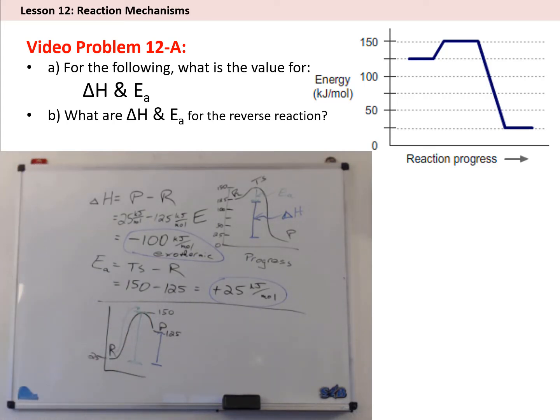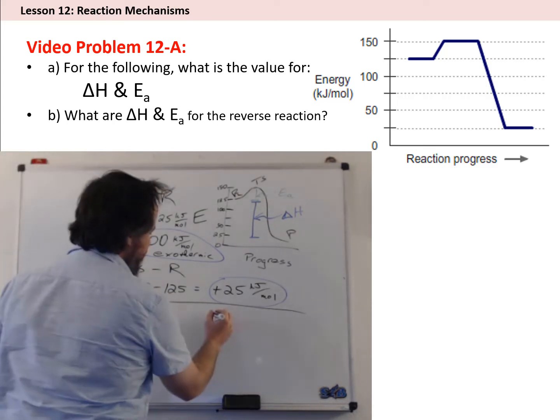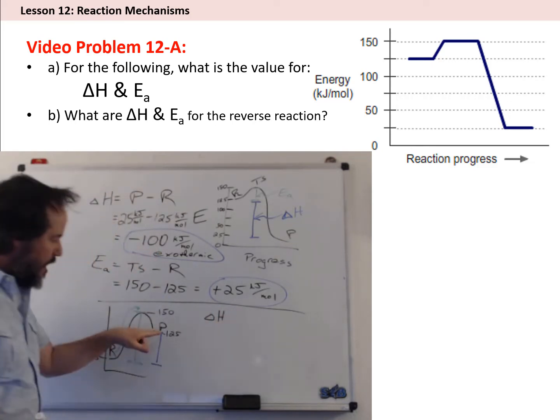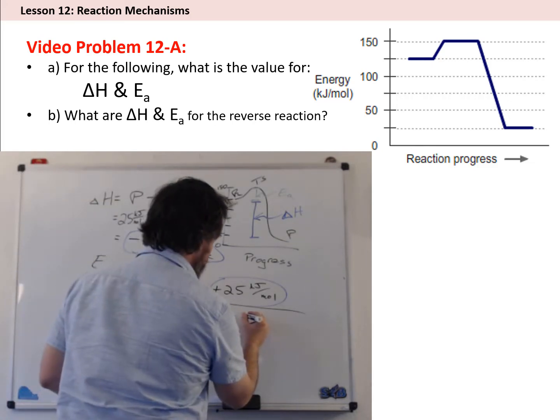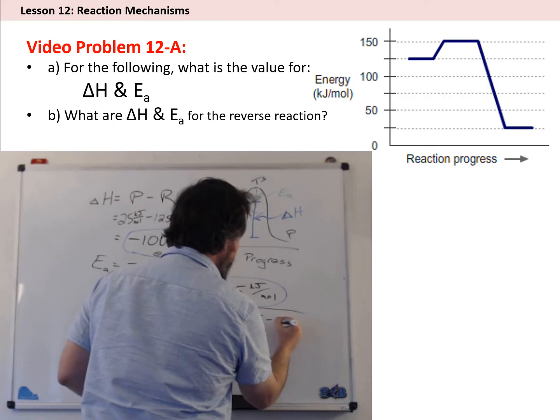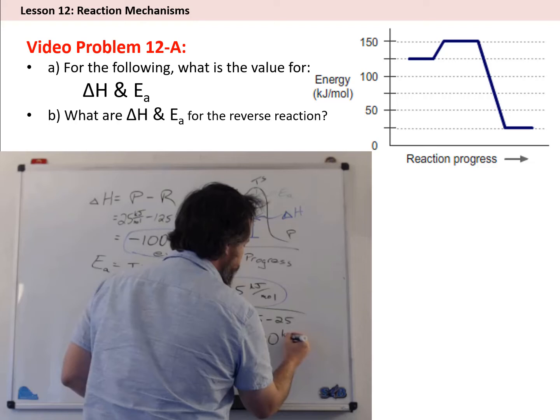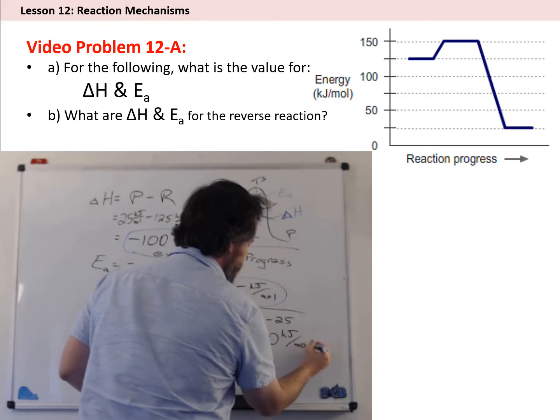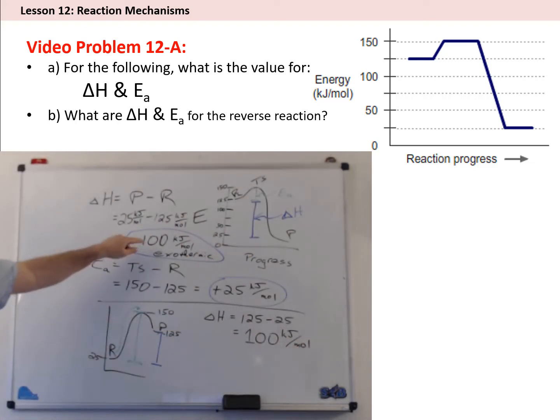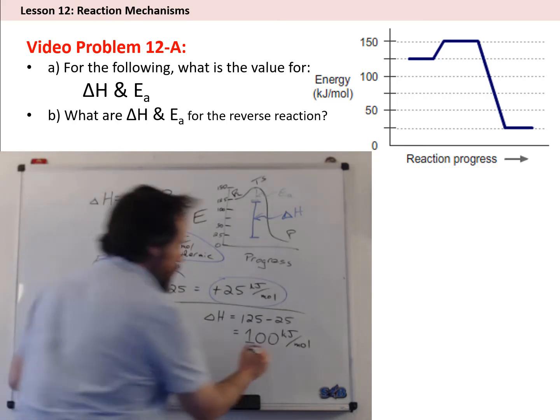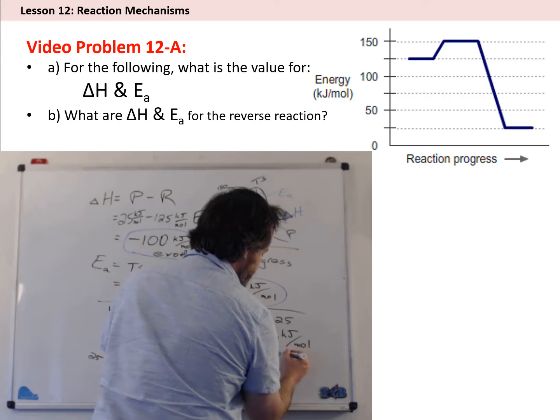Okay, so let's do this. My delta H will now be 125 minus 25. So that's going to be positive 100 kilojoules per mole. Notice how the other reaction is negative. It's exothermic. So that means this one is endothermic.